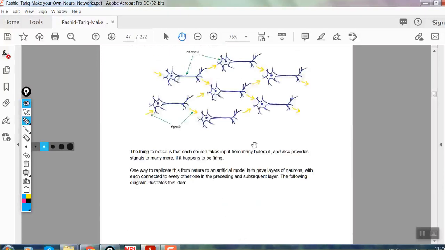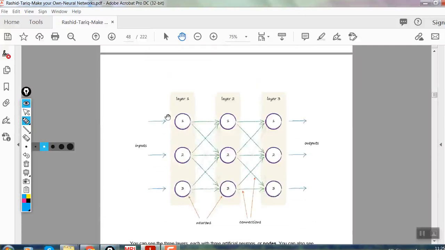We can consider each neuron like this, which we call a node in a neural network. Then we have layer 1, layer 2, and layer 3, and we have the input signals.